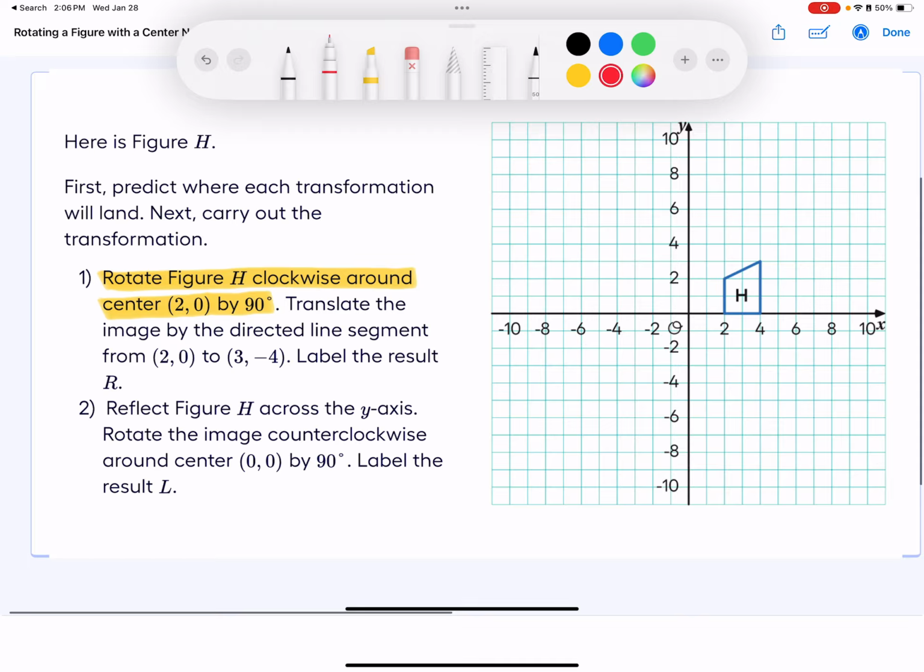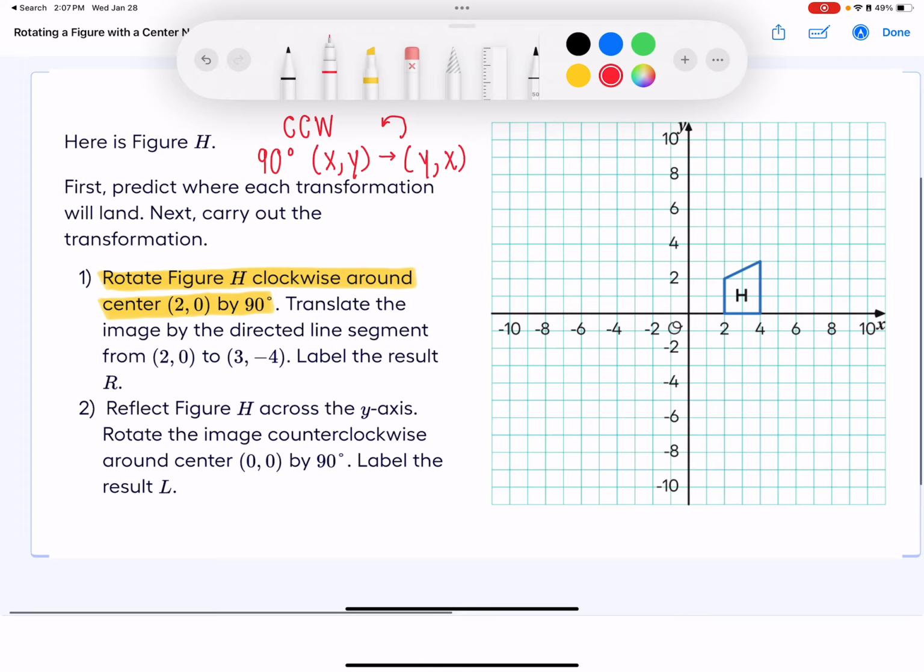So some reminders for transformation rules: if you're rotating counterclockwise, I'm going to write CCW for counterclockwise. It's going to look like this, like you're going against time, so it's rotating to the left. And if it's counterclockwise 90 degrees, we're going to go from (x, y) to (y, x).